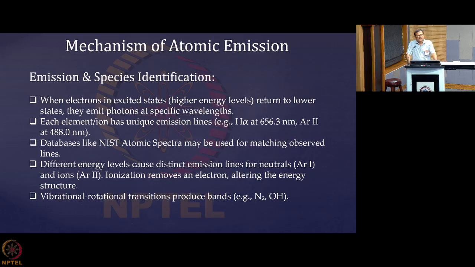Nitrogen is very often encountered. The main reason is that nitrogen has a triple bond, and breaking the triple bond is very difficult. It is a very strong bond. So even if you raise the temperature very high, where the rest of the atoms are already ionized, you may get a significant fraction of N2 molecules present there, and they are emitting their characteristic band spectra.